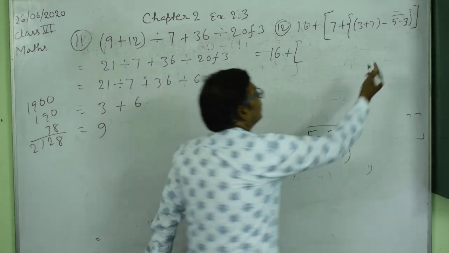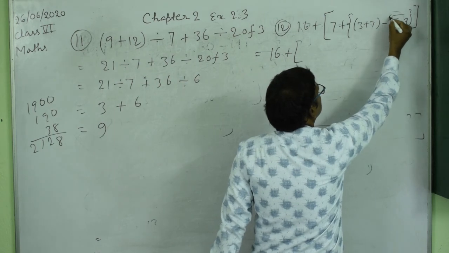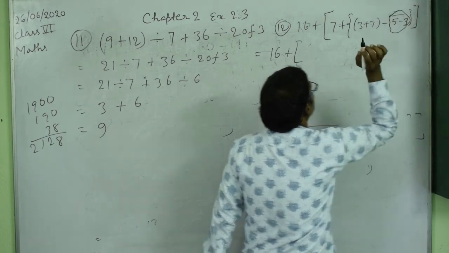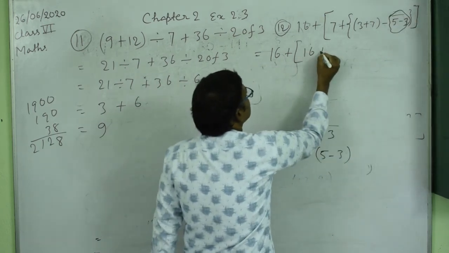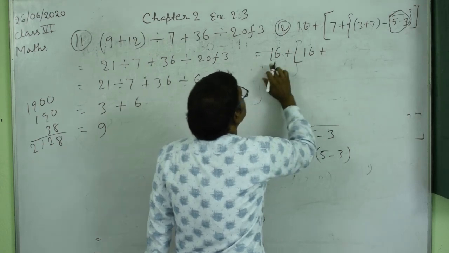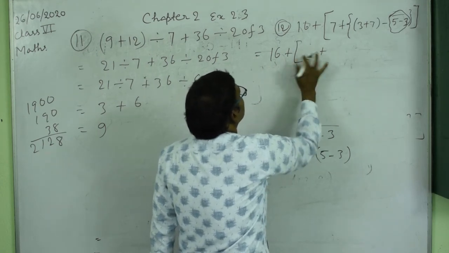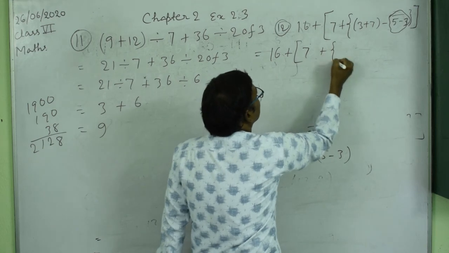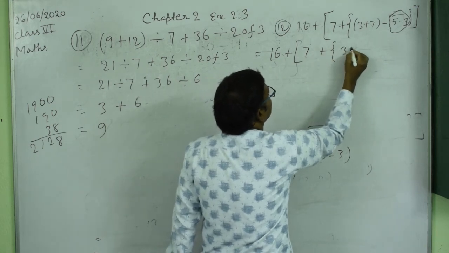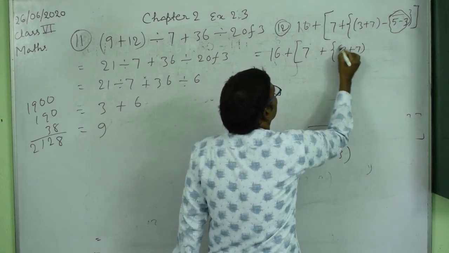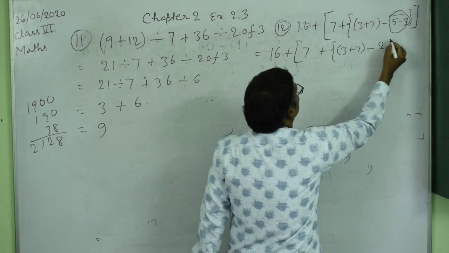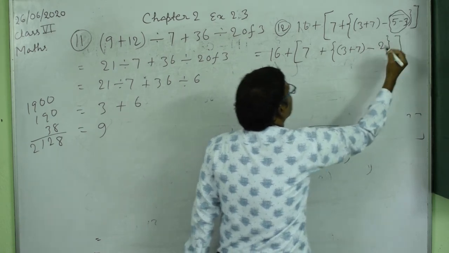So in this place you will write 2, okay. So write 16 plus 7 plus, then you have the bracket, and then here you have 3 plus 7 minus 2, and this curly bracket and then this.